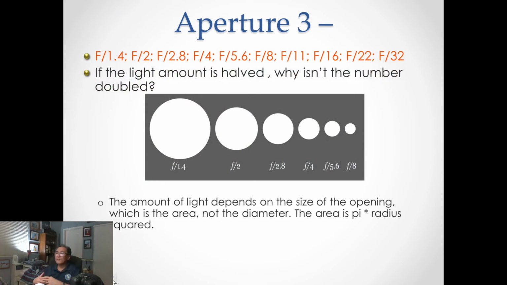So let's revisit the numbers. What do these numbers mean? These seemingly random numbers are not really random at all. When we talk about aperture value, you often hear the term f-stop that is associated with the aperture and the exposure triangle, really.